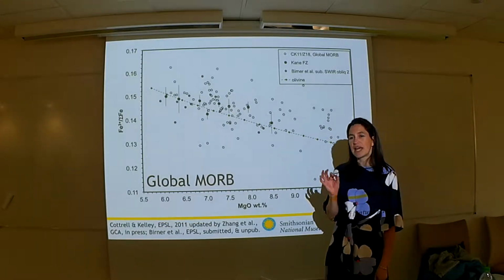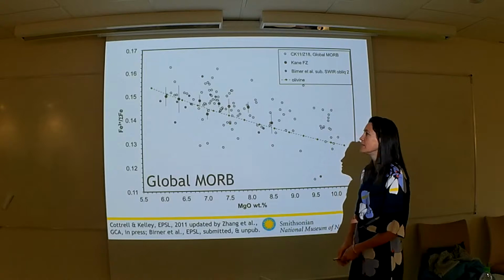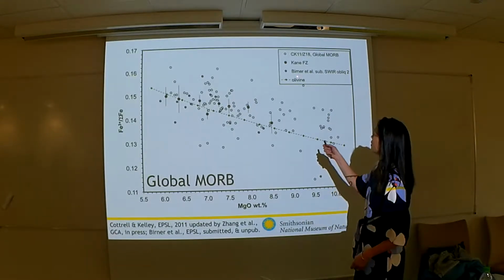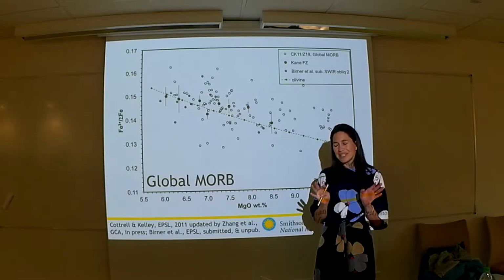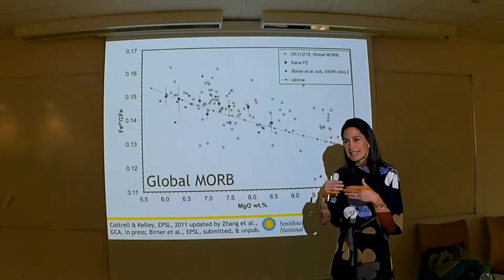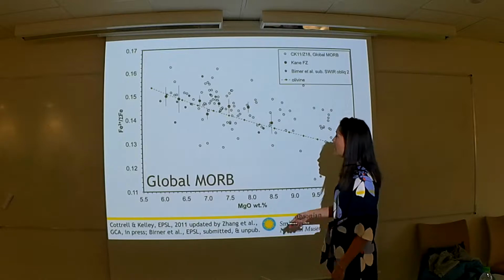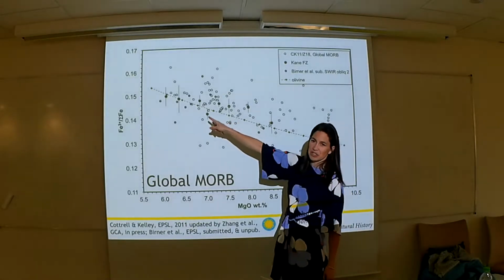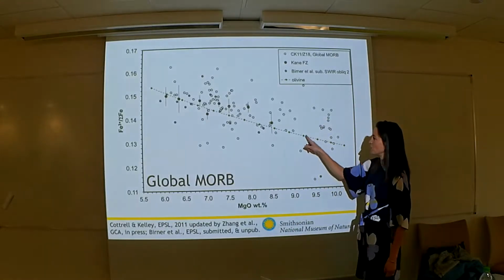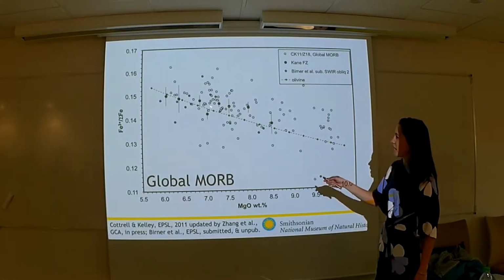And the other thing is we get really nice trends at single segments, like here the Kane fracture zone in the Atlantic, a place really known for really nice liquid lines of descent, really systematic behavior in those basalts. And we see they follow essentially this olivine fractionation trend. This is a model trend, these green squares, of olivine fractionating.